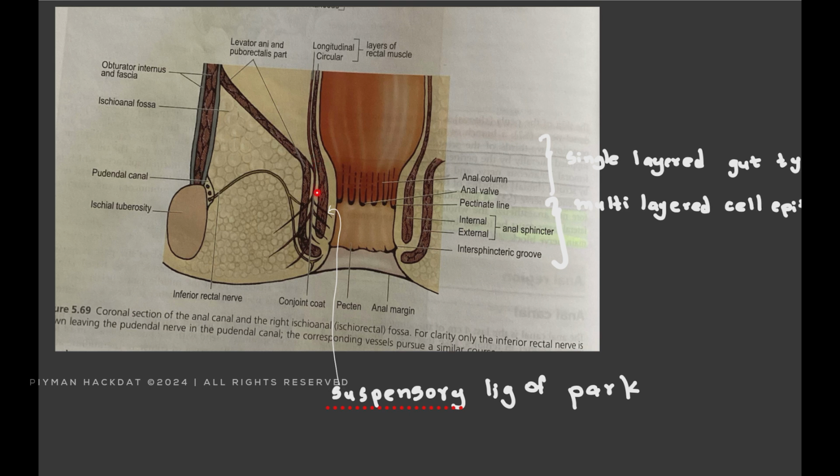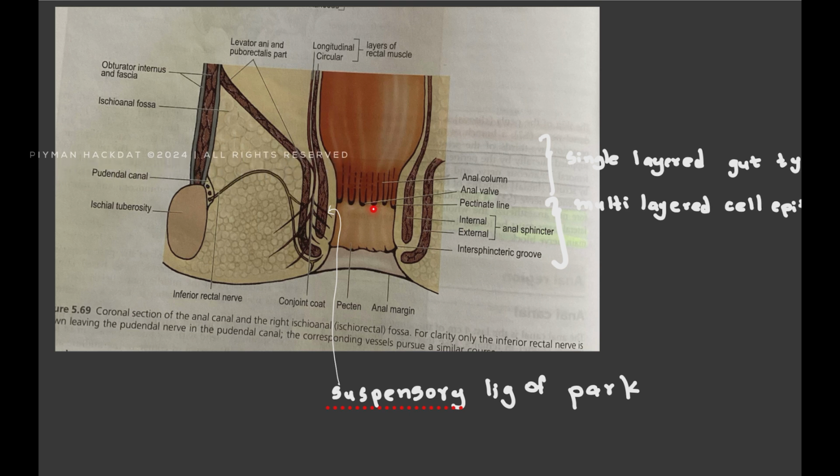In this conjoint coat you can see twigs of fibers arising from it, near the middle part of the external anal sphincter; these are called the suspensory ligament of Parks.